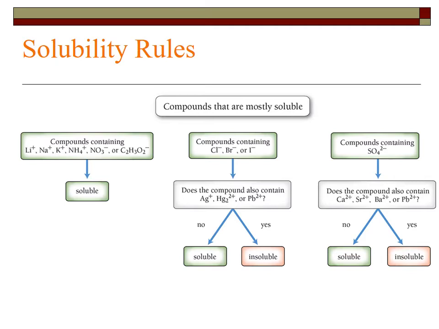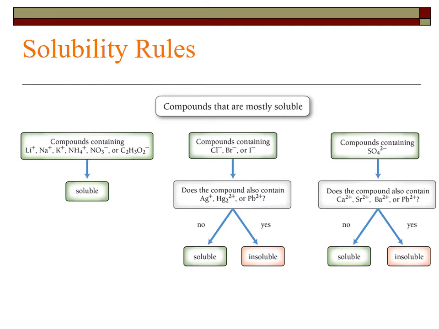If the compound contains chlorine, bromine, or iodine, does the compound also contain silver, mercury, or lead? If the compound does not contain silver, mercury, or lead, then it is soluble. So chloride is soluble, bromide is soluble, iodide is soluble, except when paired with silver, mercury, or lead.